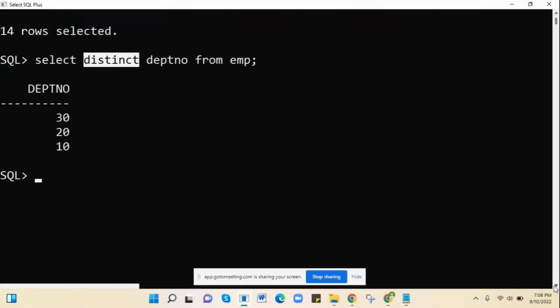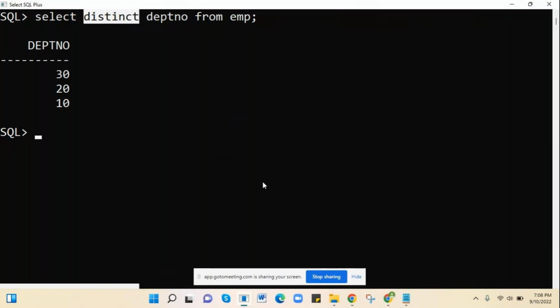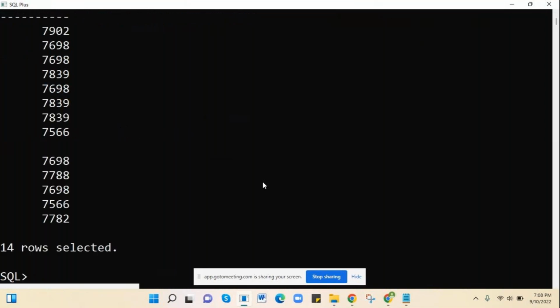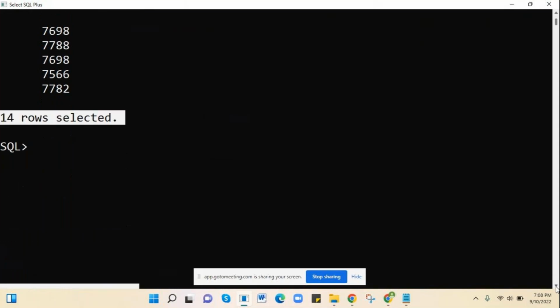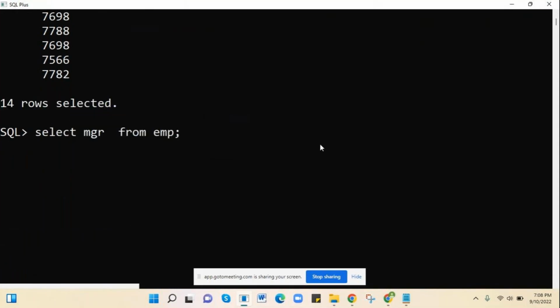I want to know who the managers are in my company. If you simply write MGR, it will give 14 rows. Why? Because it is empty, null, even though it will give 14 rows. But I want to know the exact managers.